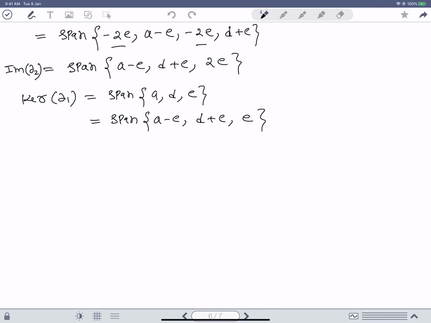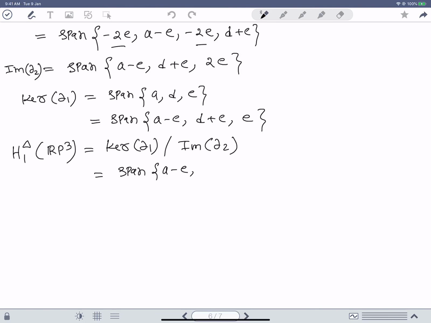Okay, therefore H1 delta, that is the first singular homology of RP3, is kernel of del 1 quotient with image of del 2, which is equal to span of a minus e, d plus e, e quotient with span of a minus e, d plus e, 2e.